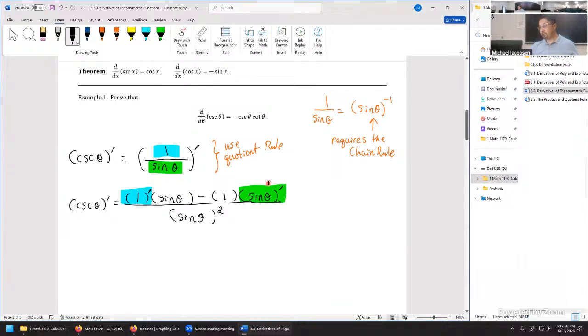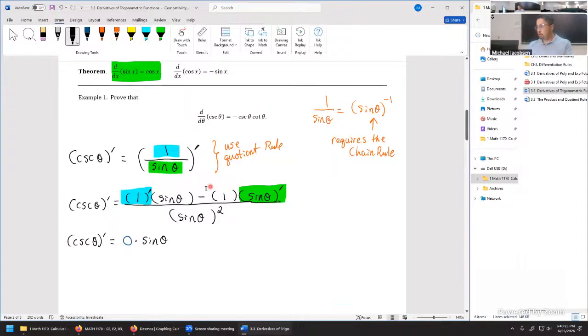Nice for this is, we know the derivative of sine theta, it's right here. Derivative of sine theta is cosine theta, so we can put in that result there. This is the derivative of a constant, so it just goes to 0. And so that's going to make this whole thing simplify a whole lot. The derivative of cosecant theta is now going to be equal to, when we write this out, 0 from the derivative over here, multiplying sine theta. So it's going to kill off that sine theta.